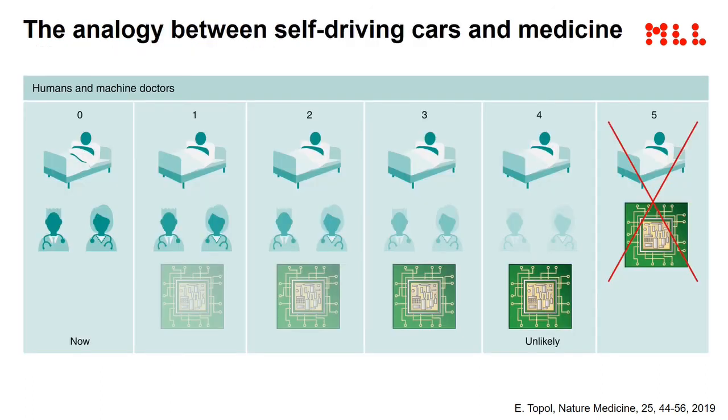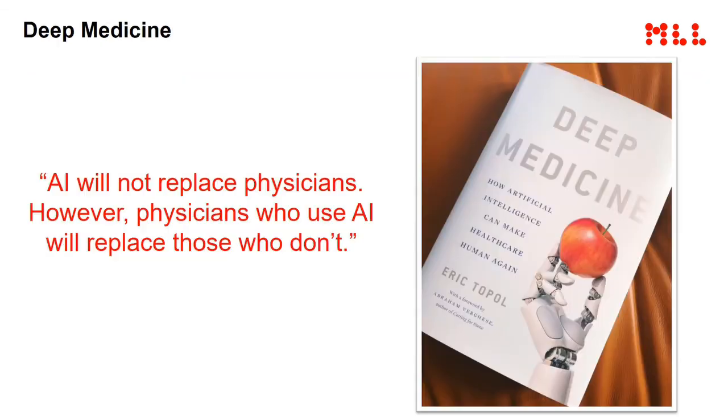And he compared a procedure like that with self-driving cars, levels between 0 and 5. Right now we are here with nurses, doctors, and the patient's care, and we will move over step by step. I don't know how far it will go to be supported by any kind of data and AI-driven tools for treating the patients better, because Eric Topol concluded AI will not replace physicians. However, physicians who use AI will replace those who don't.